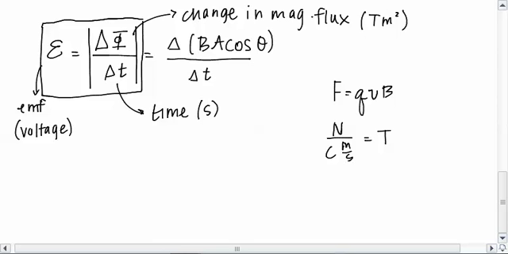That gives me what Tesla should be. And a Newton is really a kilogram meter per second squared over Coulomb meter per second. So a meter and a second should cancel out. So we get kilogram per Coulomb seconds.